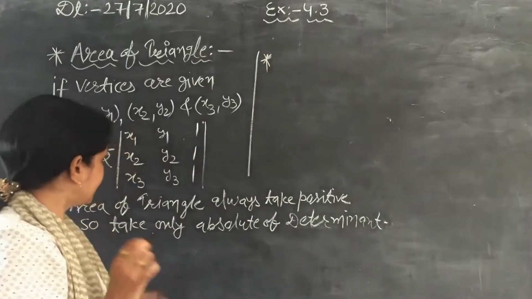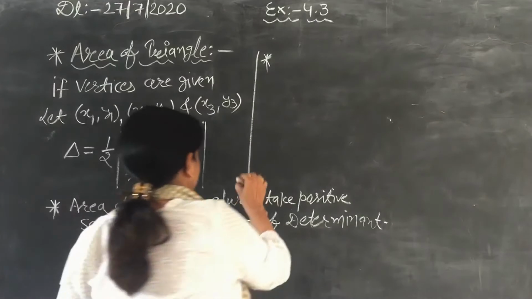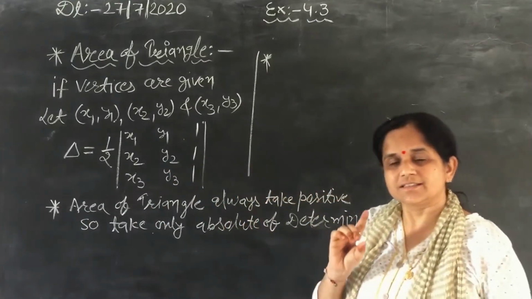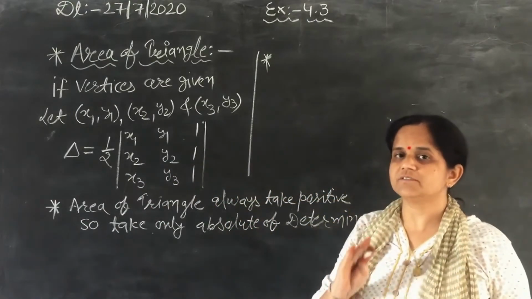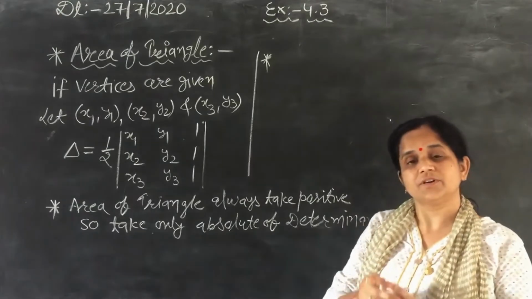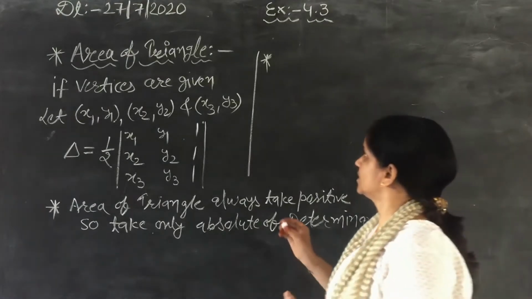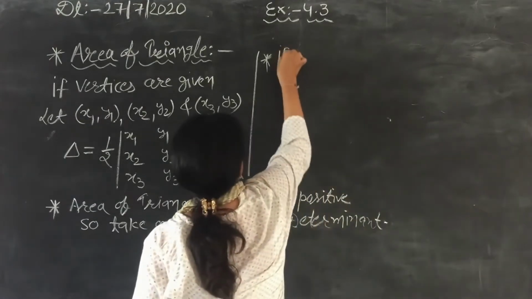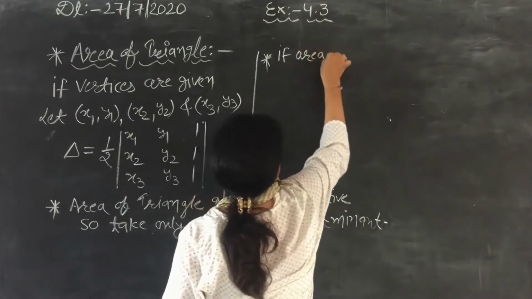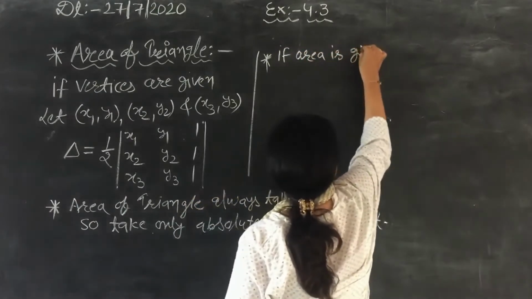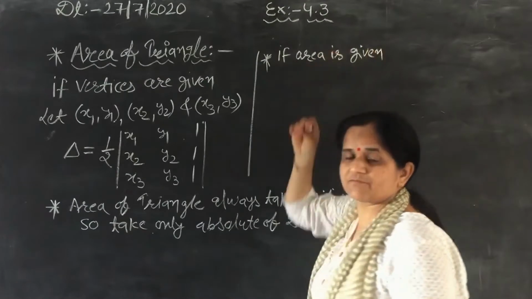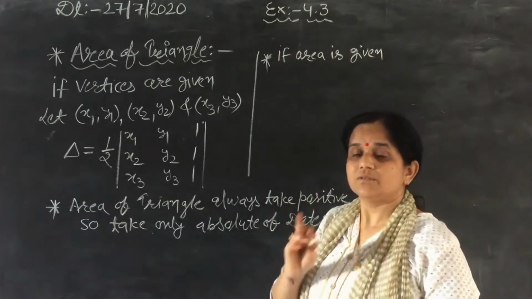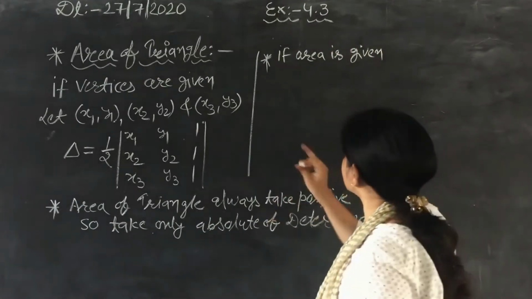keep in mind, if area is given, then use both positive and negative values of determinant for calculation. So students, if area is given and we have to find unknown vertex of the triangle, then only.